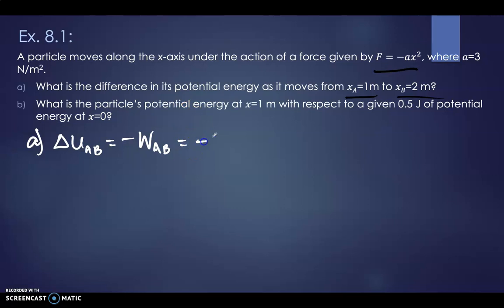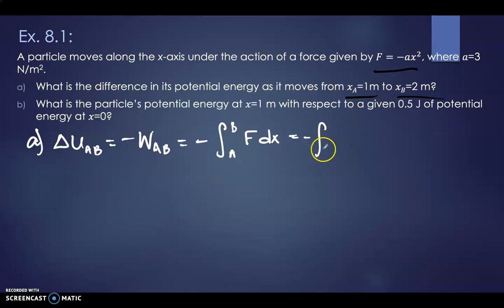So remember that our work was an integral from A to B of our force times dx, or displacement. So we can use this idea to solve for our potential energy as it moves from point A to point B.